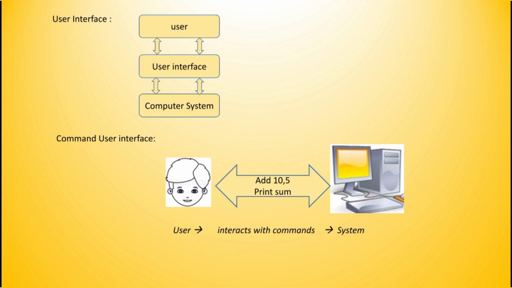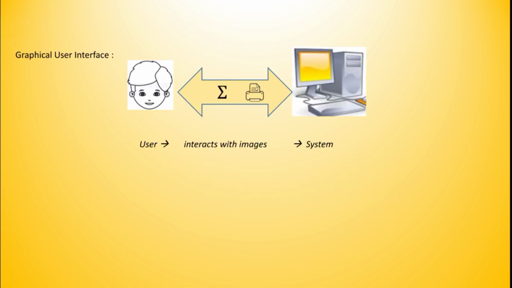The user should remember the commands, which is difficult for the user. Graphical user interface. This interface interacts with the system using the images such as windows, icons, and menus. The user can work with the GUI interface easily without knowing any commands.